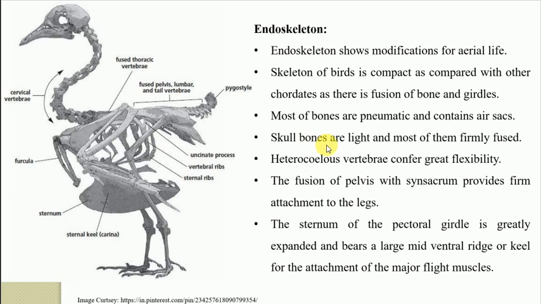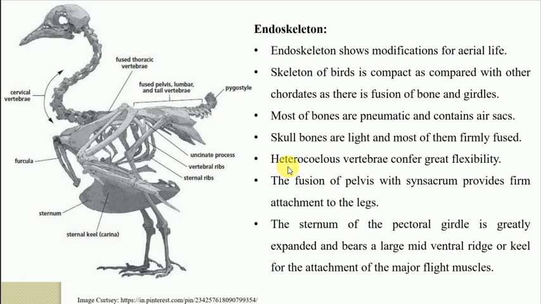Now the skull bones are also light, and most of them are firmly fused with one another. The heterocoelous vertebrae confer great flexibility. Now we have seen heterocoelous vertebrae in the previous lecture also.